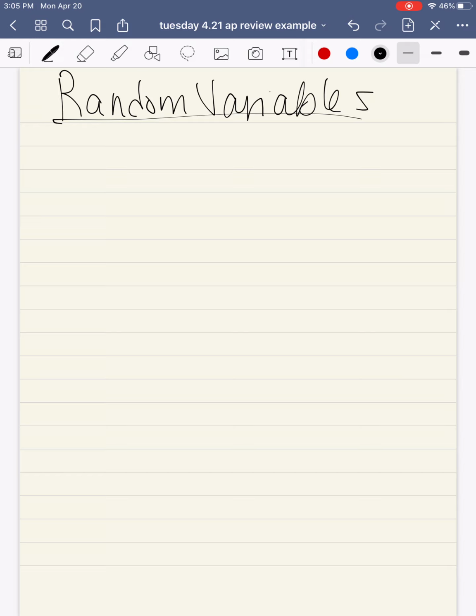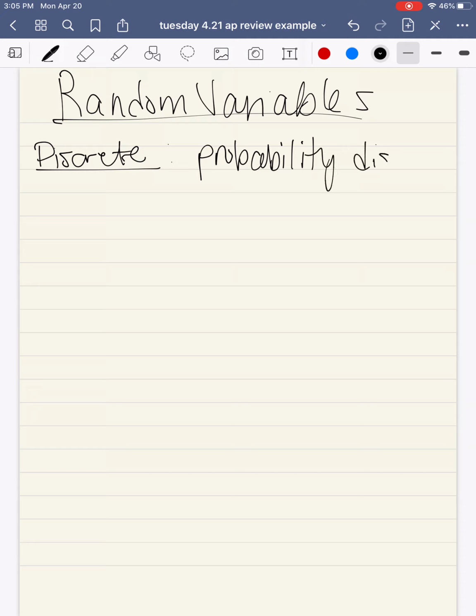So the first type that we talked about in Unit 5 was a discrete random variable. And usually in a discrete random variable, we are given probability distributions, such as a table or enough information to make a table.